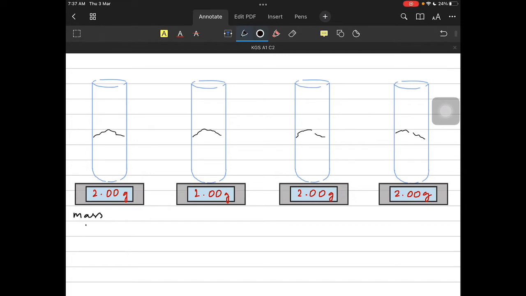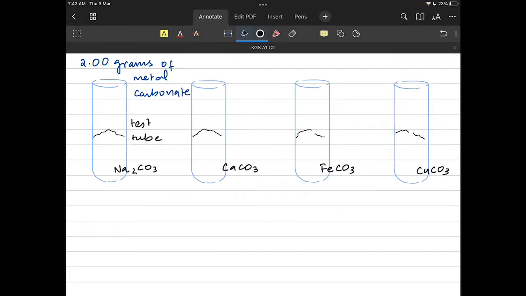You have a mass balance to measure these values. I'm going to keep the same mass balance for all these test tubes for a fair result, obviously. Let's identify them as sodium carbonate, calcium carbonate, iron carbonate and copper carbonate.